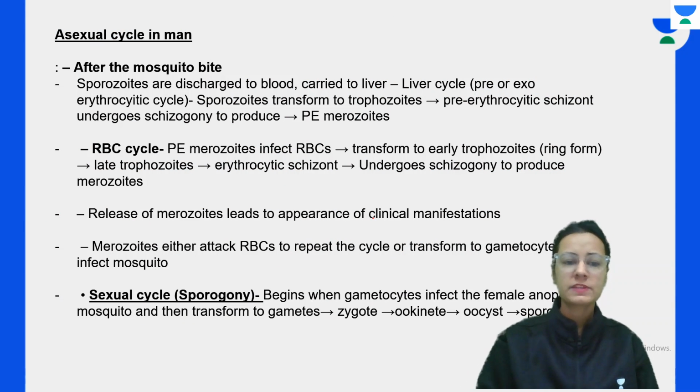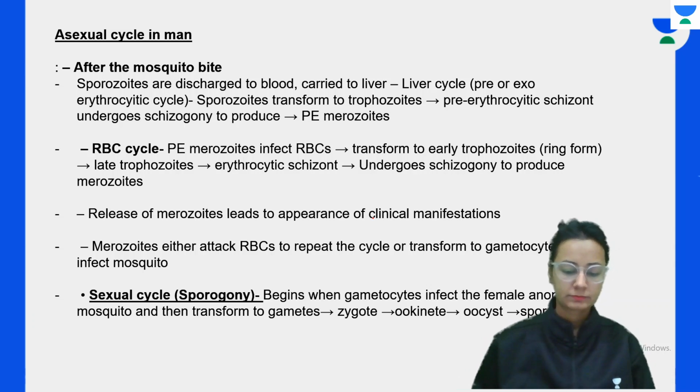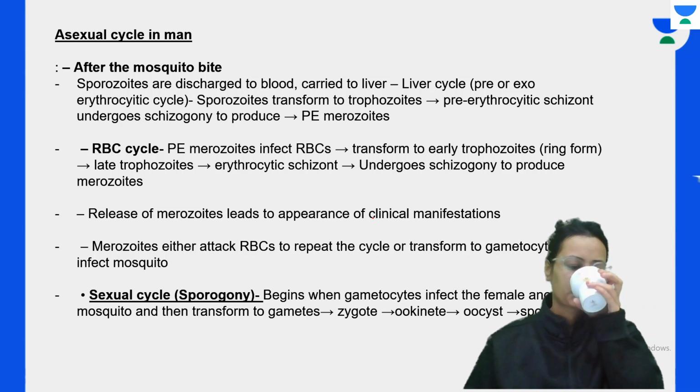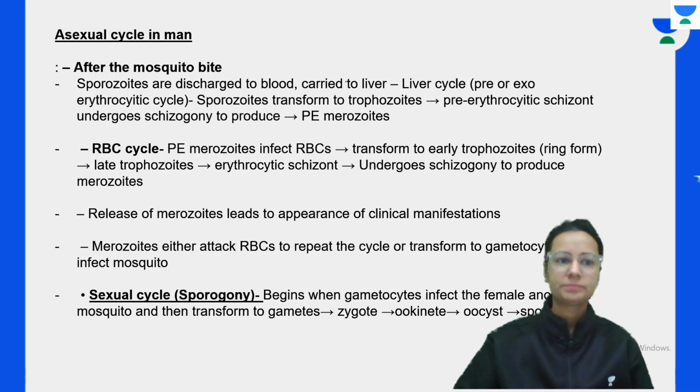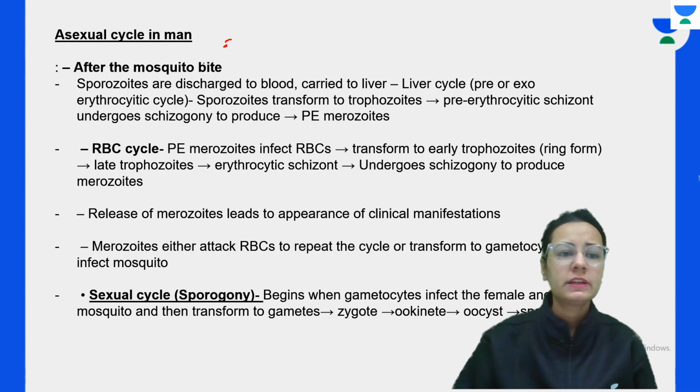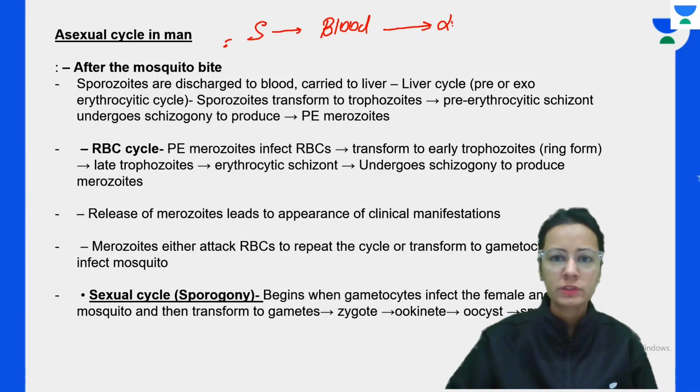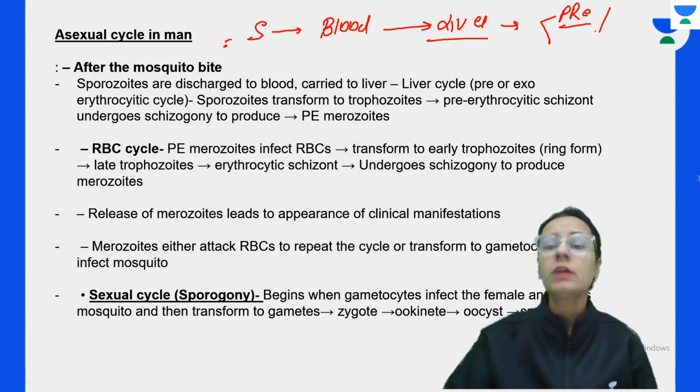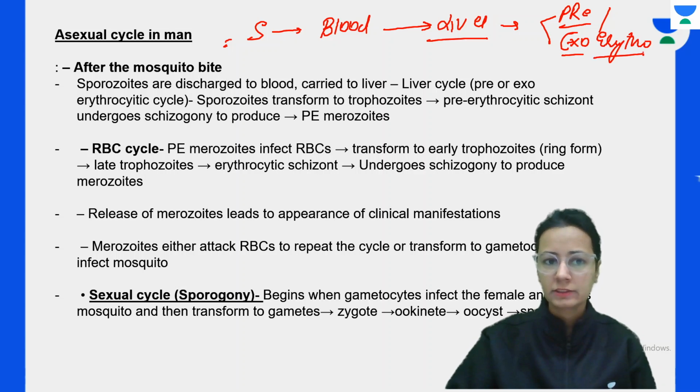Now, coming to the life cycle. After the mosquito bite, the sporozoites are discharged into the blood, and from the blood they are carried to the liver, and in the liver they will undergo the liver cycle, that is the pre-erythrocytic or exoerythrocytic cycle.